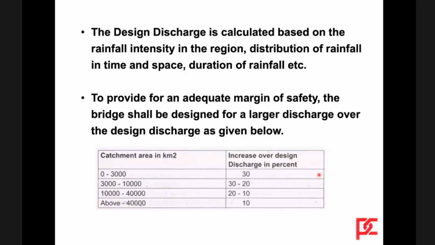Or nowadays, a lot of software is also available to do this. The design discharge is calculated based on the rainfall intensity in the region, distribution of rainfall in time and space, duration of rainfall, etc. And in IRC 6, these things are given depending on the catchment area.